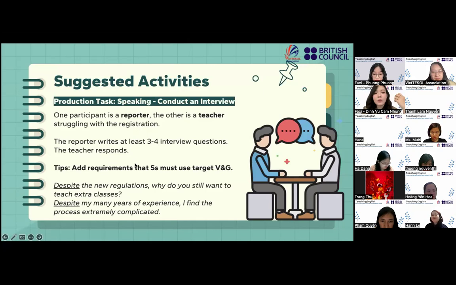I will ask that when the reporter writes their questions and when the teacher responds, they have to use despite. They have to use the target vocabulary and grammar. This is to avoid students writing their questions or answers using familiar words and phrases that they feel comfortable with. So this is to challenge them a little bit.